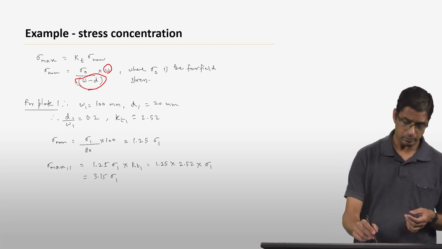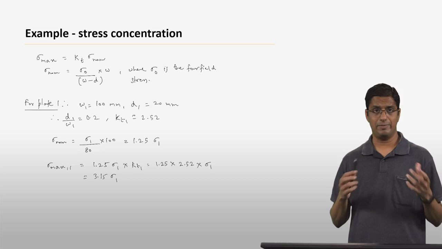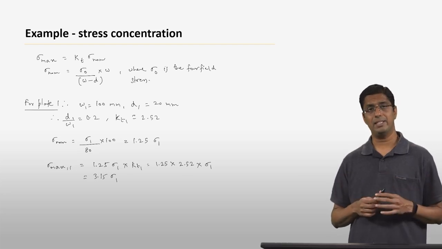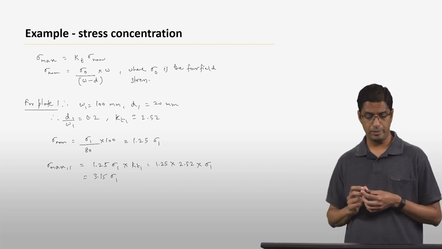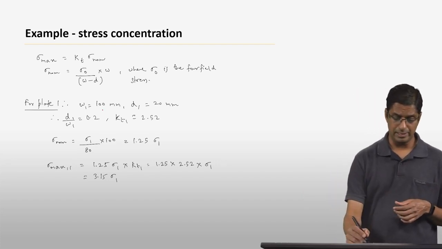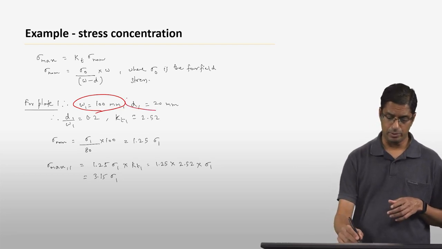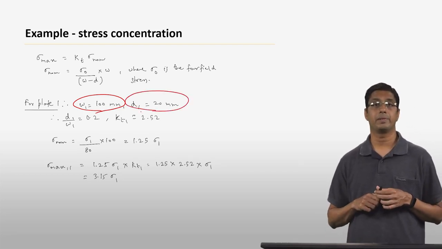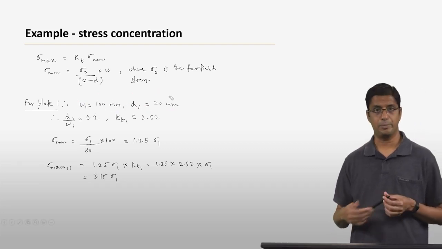Okay, so for the first plate, we are not given what the value of sigma is, but we are given that sigma 1 is 1.5 times sigma 2. So that is something we are going to use. But we do know that the width is 100 millimeters and the diameter of the hole is 20 millimeters. Okay, so essentially you can find out what the D over W ratio is, which is 0.2.